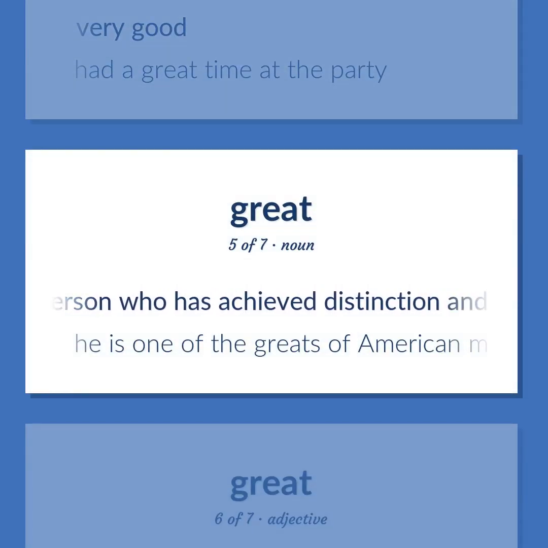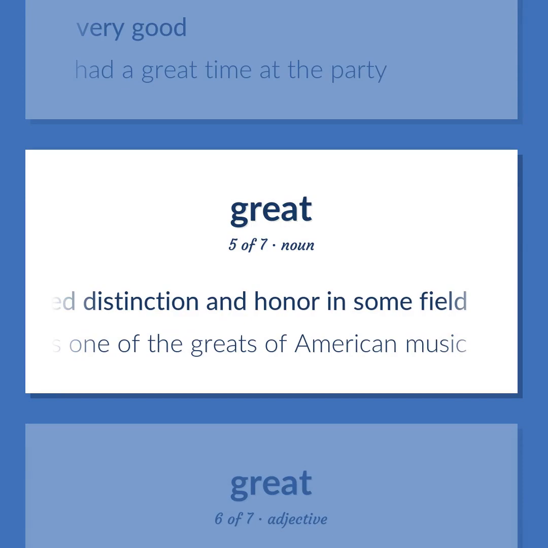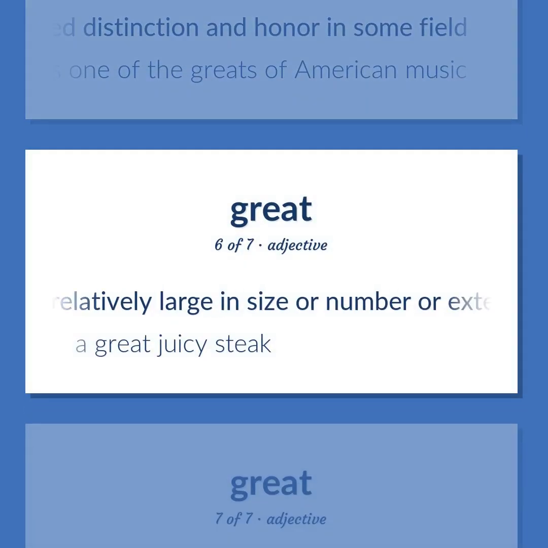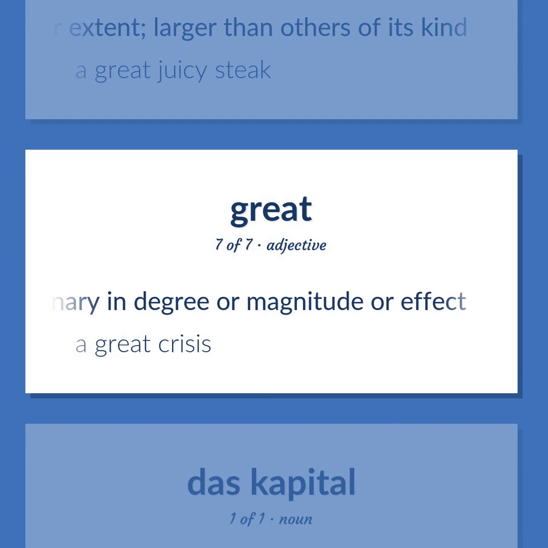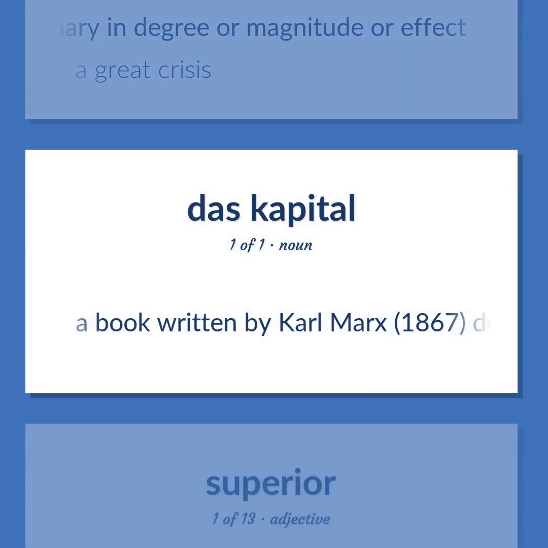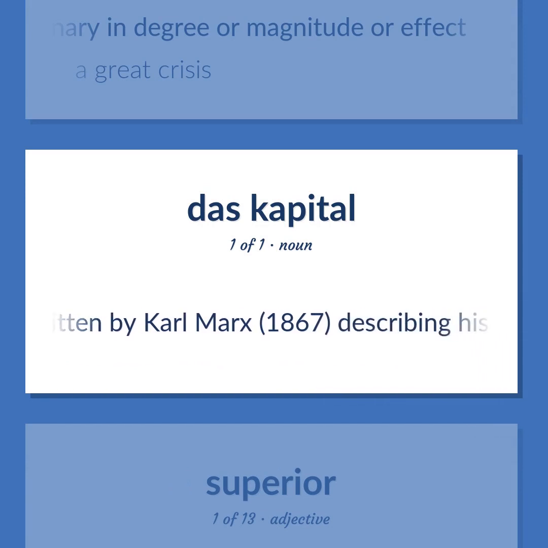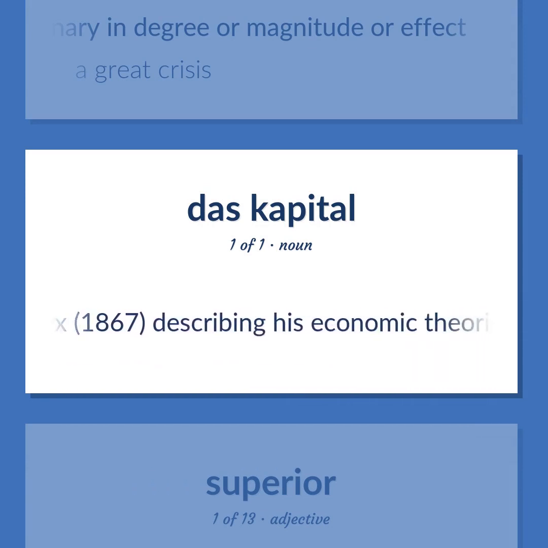A person who has achieved distinction and honor in some field. He is one of the greats of American music. Relatively large in size or number or extent, larger than others of its kind. A great juicy steak. Remarkable or out of the ordinary in degree or magnitude or effect. A great crisis. A book written by Karl Marx, 1867, describing his economic theories.